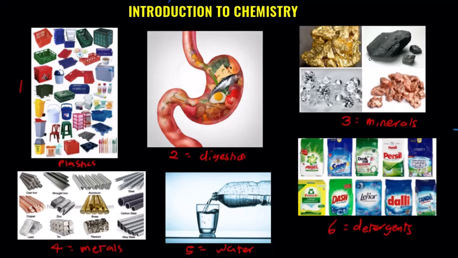Now, have you ever wondered how these items came about? Have you wondered how these items even work? I believe there is one field of study which can explain the existence of these items, and this field of study is chemistry.